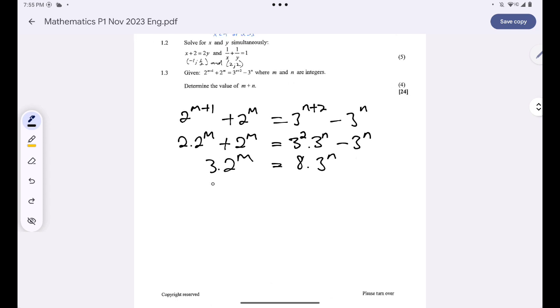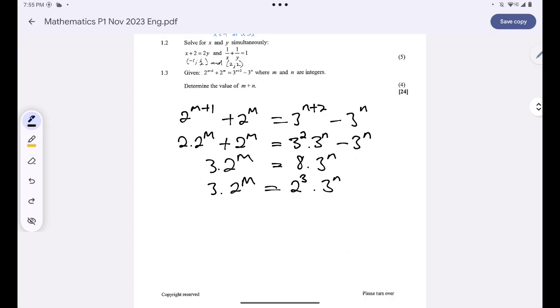So in here I can simply say I'll have 3 multiplied by 2 to the power m is equal to 2 cubed multiplied by 3 to the n. Right, together. So for the left hand side to be equal to the right hand side, all the bases on the left hand side should be the same as the bases which are on the right hand side.